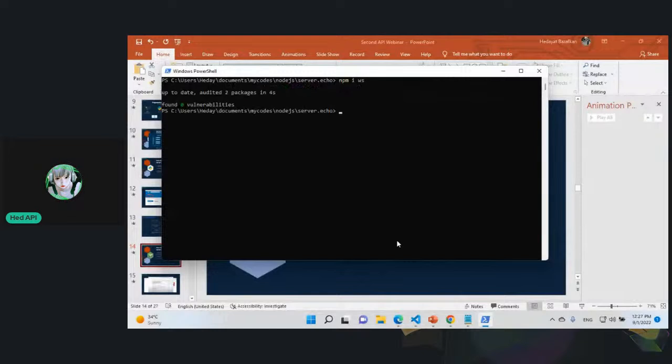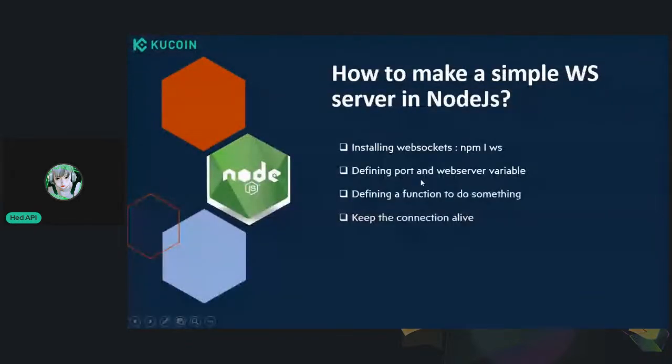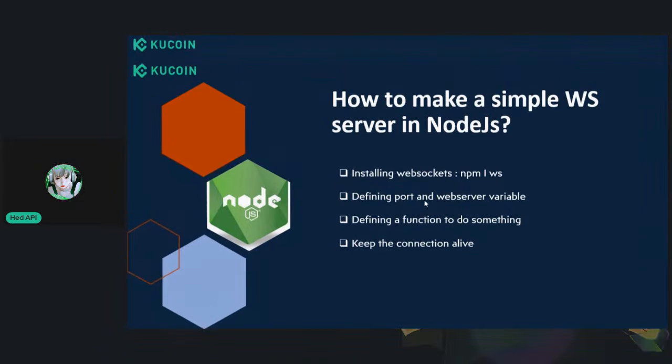As you can see, it has started to install and it's done. After that, again, you define a port and a web server variable, and after that a handler function, which helps you to send a message back to the server or do something, and keeps the connection alive.